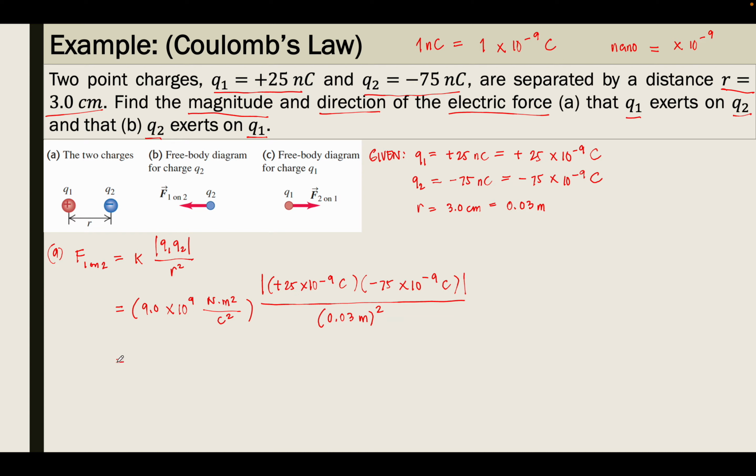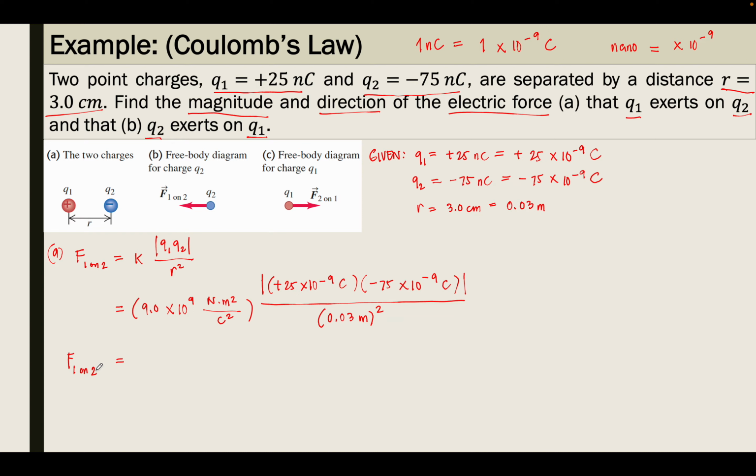Okay, so let's compute this one. So this is the force exerted by Q1 on Q2, or the force that Q1 exerts toward Q2. Okay, so if you have calculators right there, you can join with me in calculating this one.